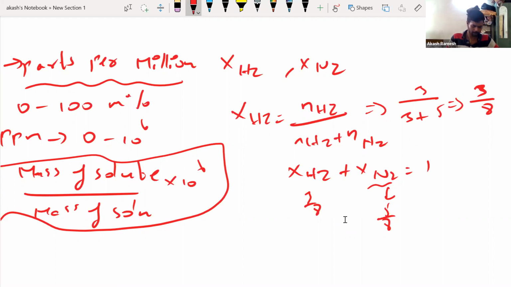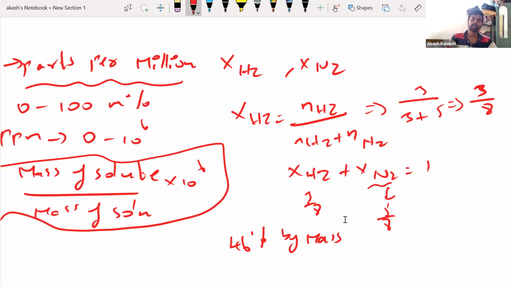Now we'll do a little more tougher problem. Take one question. An aqueous solution of ethanol is 46% by mass or weight, however you want to call it.